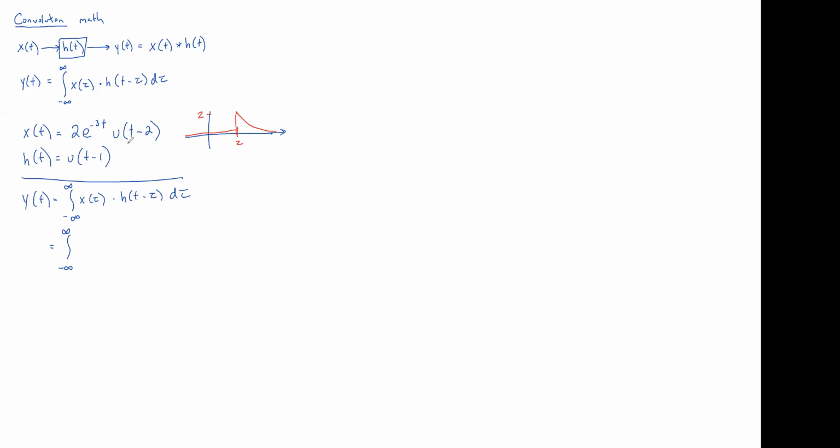Well, if x of t is this, then x of tau is the exact same. Just every time we see a t, we'll replace it with tau. And we'll multiply it by our h of t. Now this says that every time we see a t in our impulse function, we will replace it with a t minus tau. So that would be u of replacing t with t minus tau, and then minus 1, all d tau.